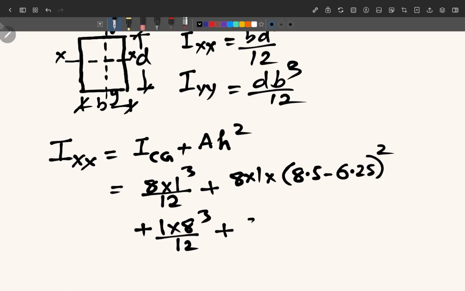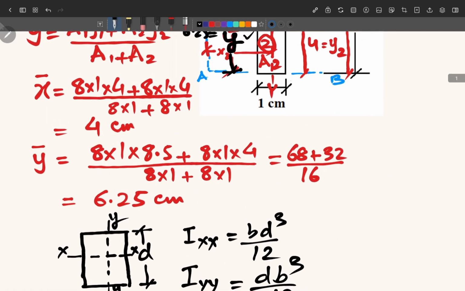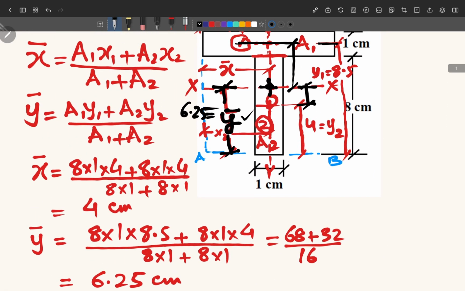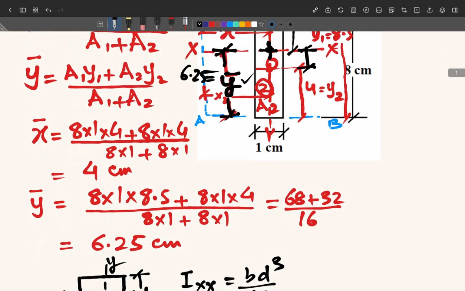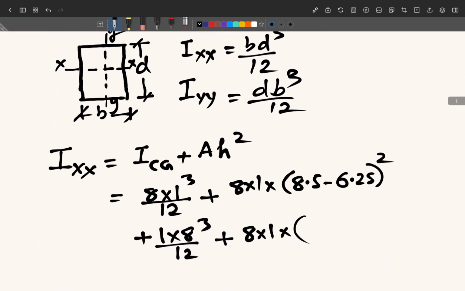And then we have area 8 into 1 multiplied by the distance between the centroid of this area A2 and the centroid of the whole section, and that is 6.25 minus 4, whole square.